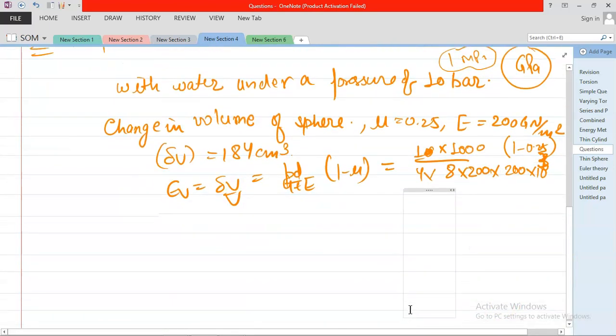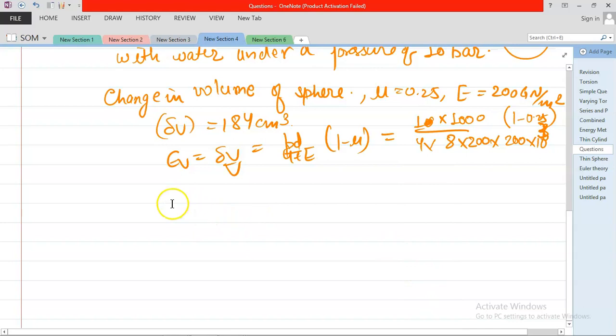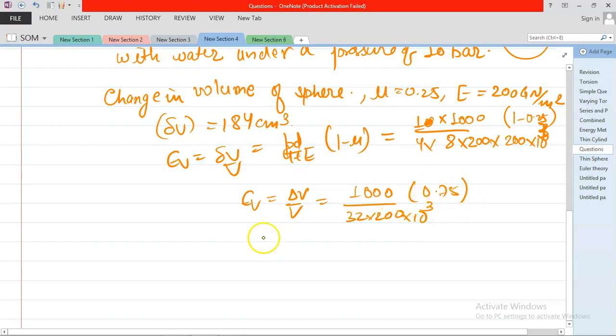Okay, now your volumetric strain is delta V by V, and this is the value, that is 1000 divided by 32 into 200 into 10. You know the volume of a sphere is 4 by 3 pi r cube. Now multiply this denominator with the RHS.